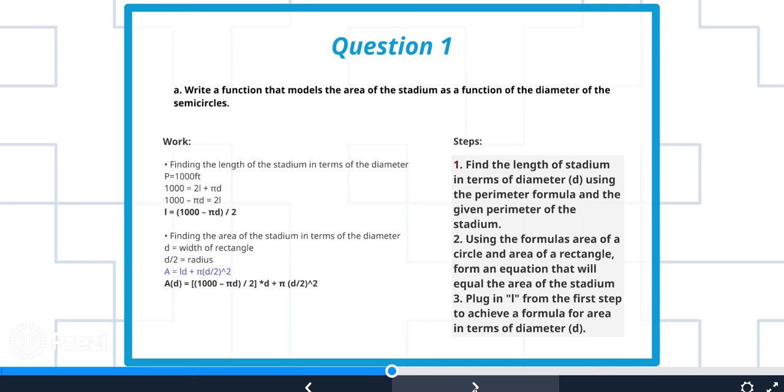And since we already know what L equals, we can substitute the equation that we solved in step 1 for L. So the area of the stadium in terms of diameter is equal to (1,000 minus pi times diameter) divided by 2, times diameter, plus pi times (diameter divided by 2) squared.